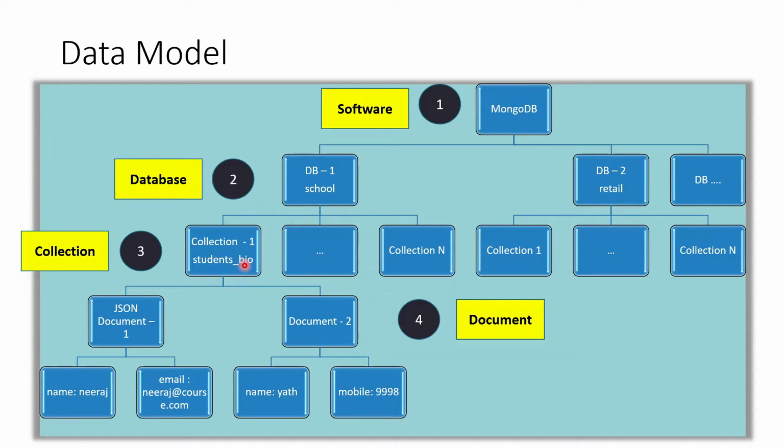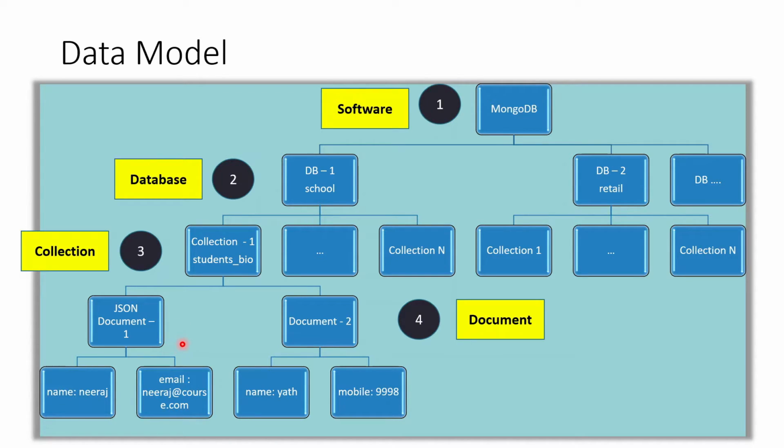Now inside this collection we can have a JSON document. A JSON document, in terms of RDBMS terminology, is kind of a record or row. One row represents one JSON document. The difference is that here it is in JSON format and there is flexibility in schema.